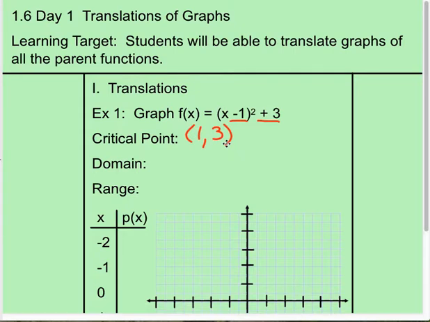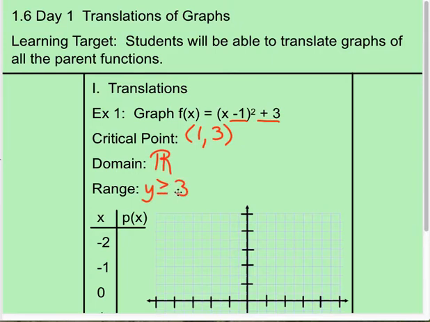The domain for the parent function is all real numbers. That doesn't change when you shift it. The range is based on the y value of the critical point. Because we did not reflect our graph, this one is opening up, so y will be greater than or equal to 3.